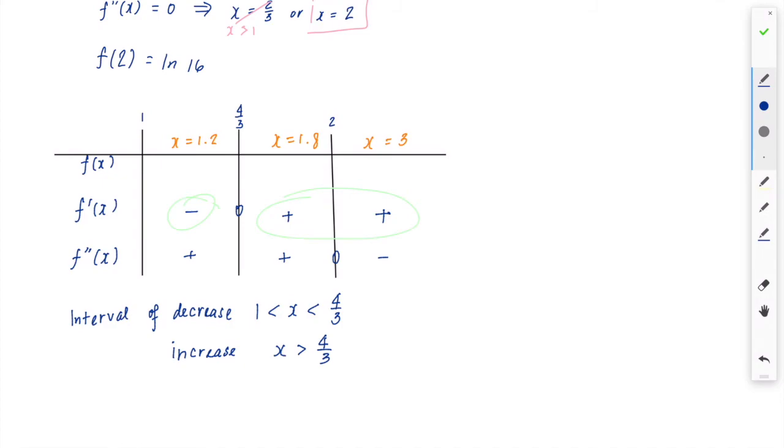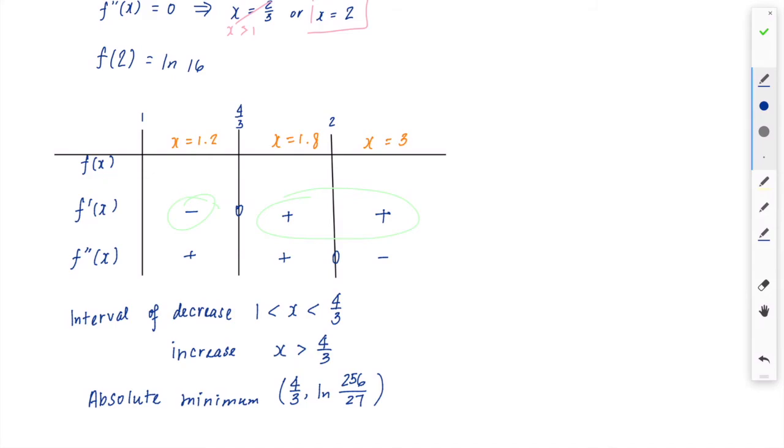So absolute or global minimum at 4/3, ln 256 over 27, I believe.